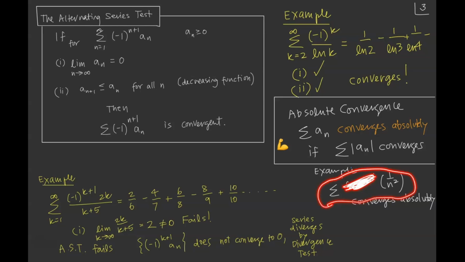And it does. We know that this is a p-series where p is equal to 2, and so a p-series with p equal to 2 will converge. If the series of the corresponding absolute values converges, then the series that we're looking at here converges absolutely. So this is a very strong type of convergence.